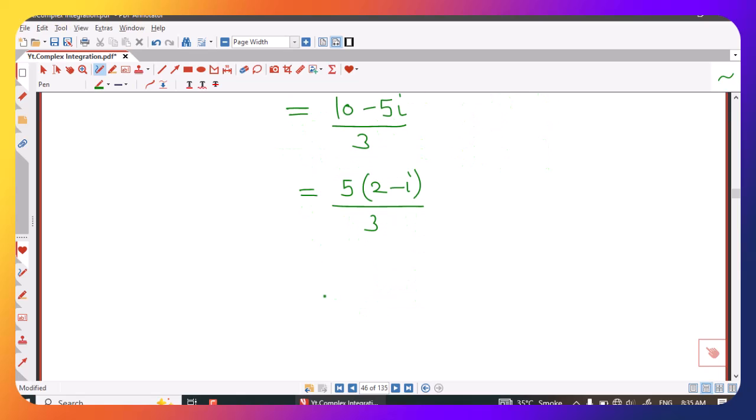So this is the value of the integral, 5 by 3 times 2 minus i. The integral of z bar squared along the shortest path joining the 2 points 0 and 2 plus i is 5 by 3 times 2 minus i.